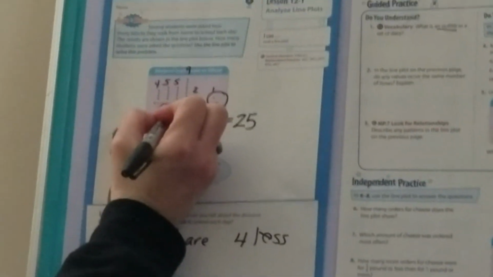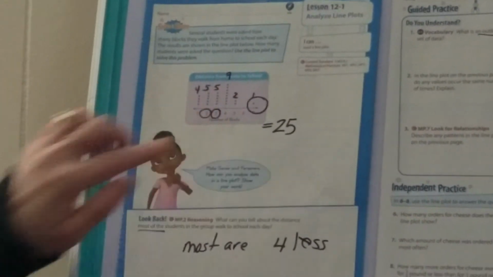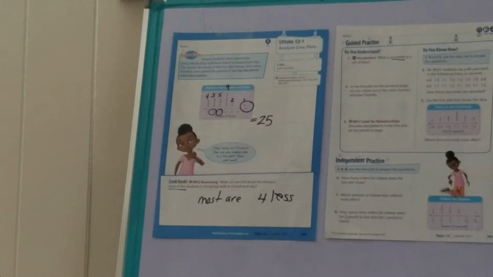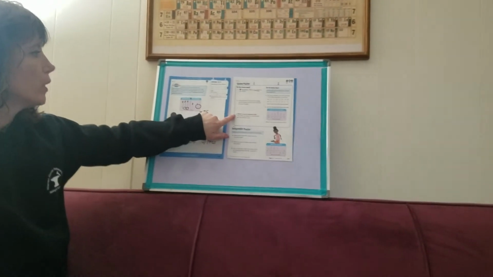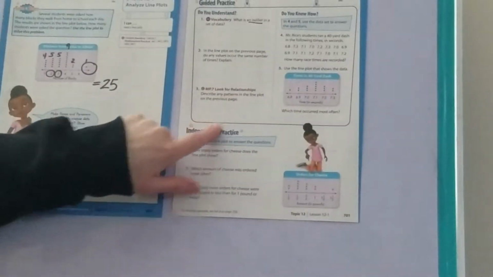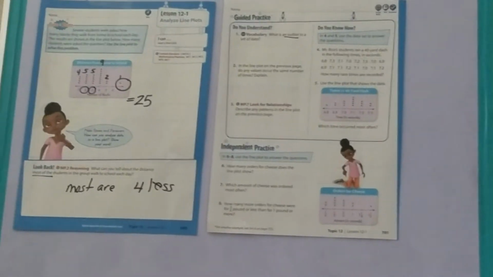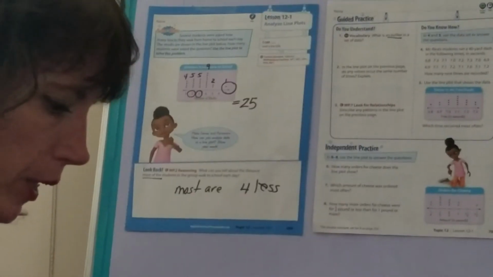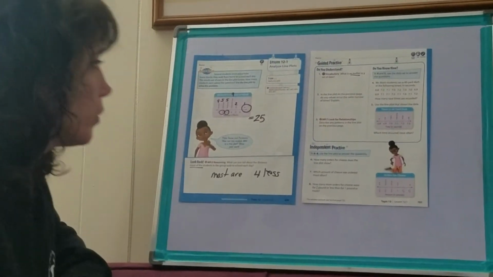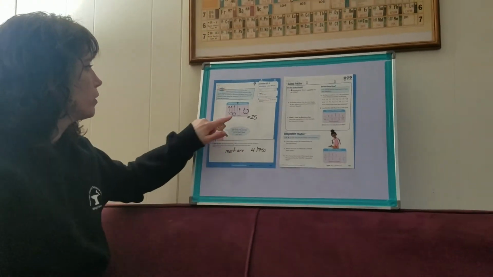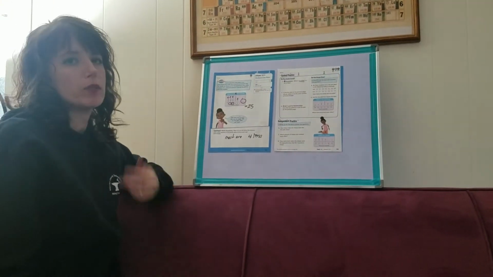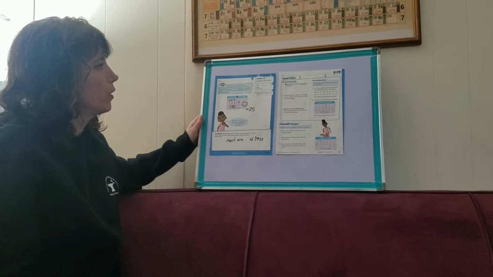Explain. Well, yeah, right? We have 5 people who lived 2 blocks away, and 5 people who lived 3 blocks away. Okay? Number 3, describe any patterns in the line plot on the previous page. So again, you could just say, well, most of the people live between 1 and 4 blocks away. That would be an example answer.